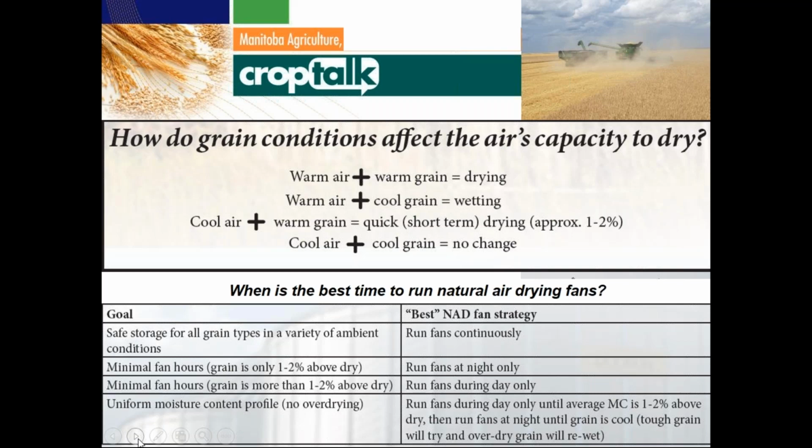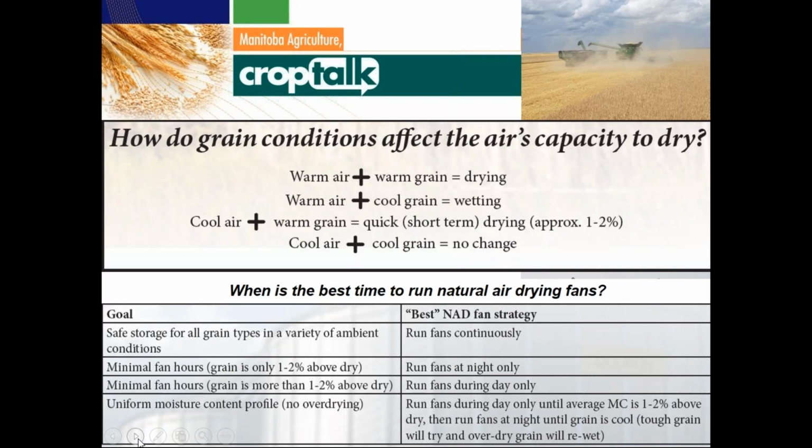Cool air and warm grain: by moving cool air into the warm grain, you'll get some quick short-term drying. Because it's bringing the temperature of the grain down, it can bring the moisture down, but that's not long-term, because if you shut your fan off, the grain will warm up again, and then that moisture will come back.